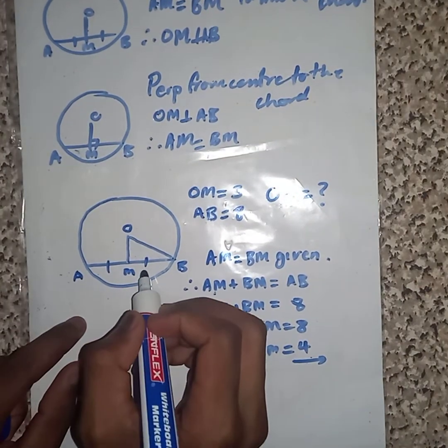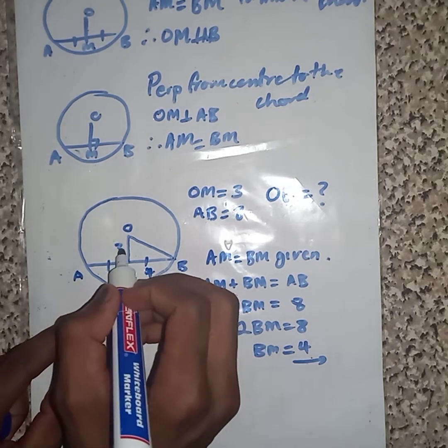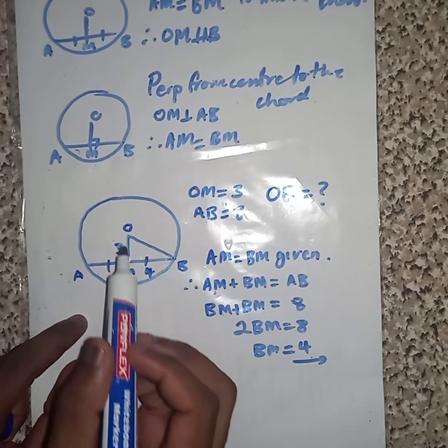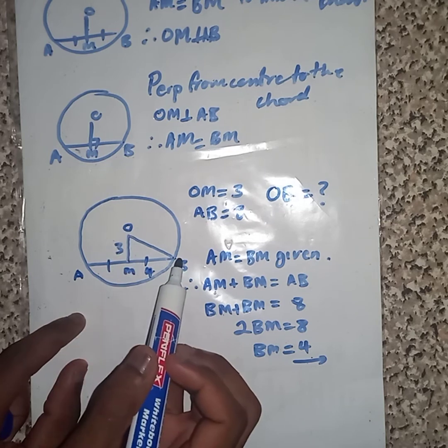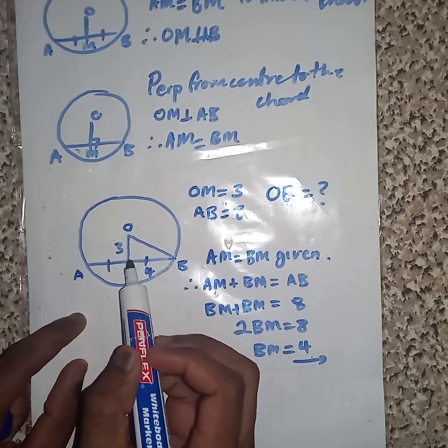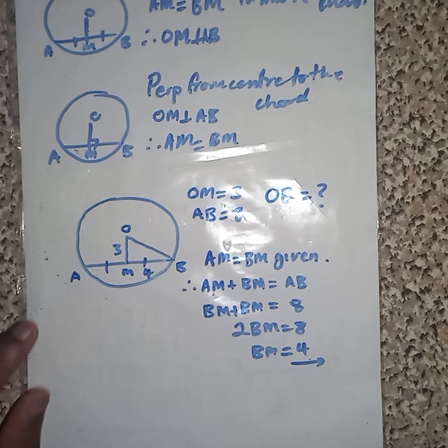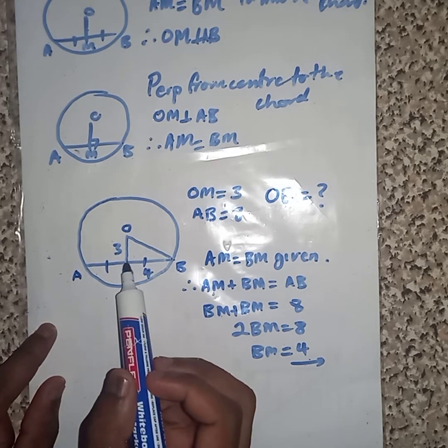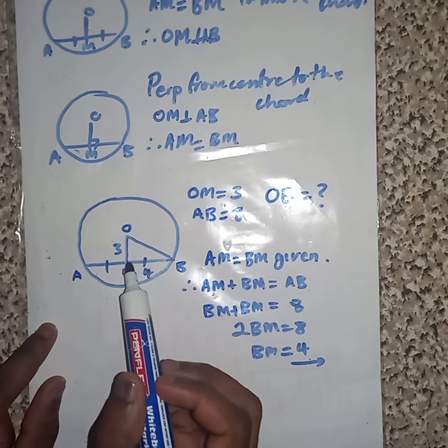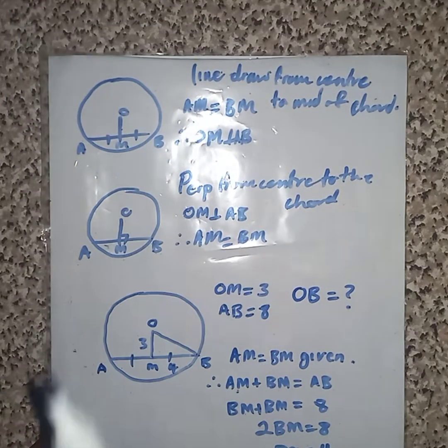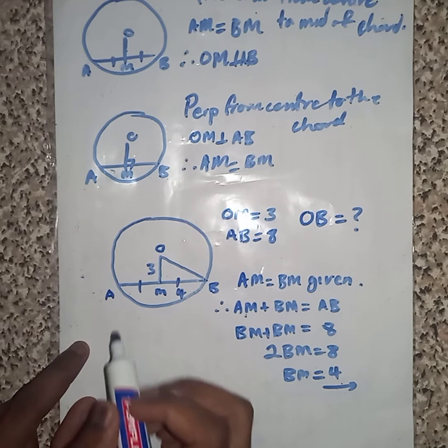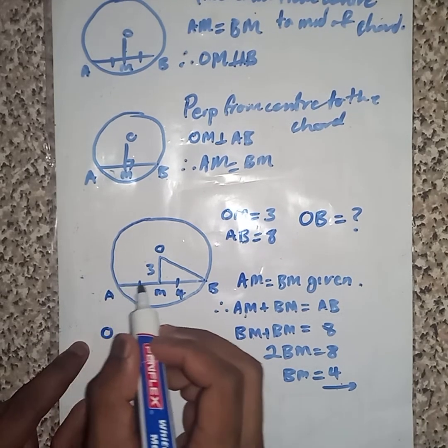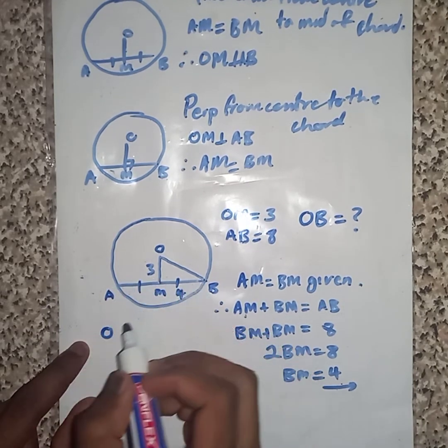Then now, I'm going to mark 4. I'm going to mark 3. For us to get OB, we must make sure that it's 90 degrees here. But at this point, we haven't stated that it's 90 there. But we know that our AM is equal to BM. Do you still remember that first theorem? We are then going to say, oh, we see that these two are equal.